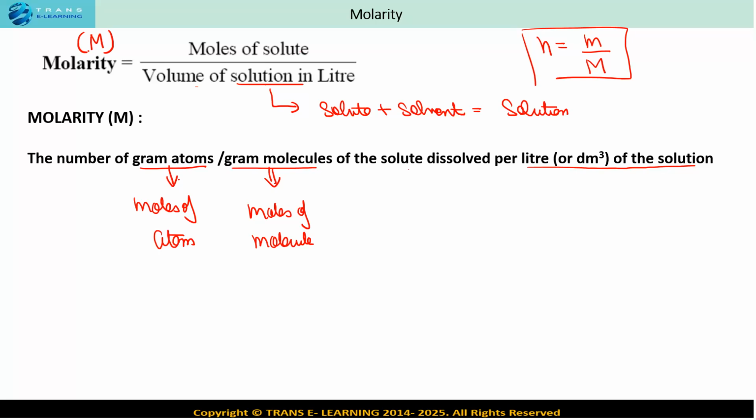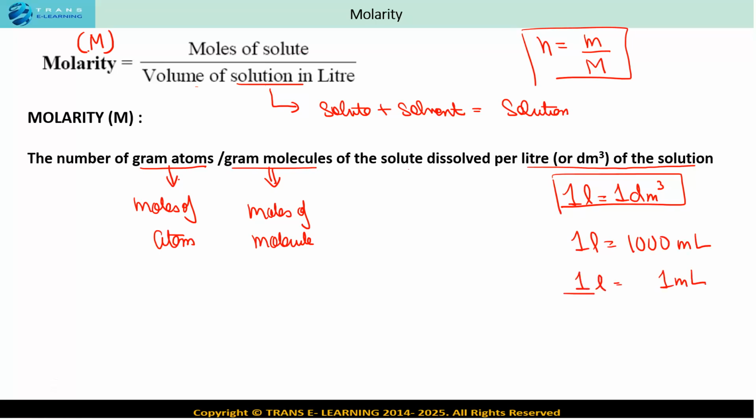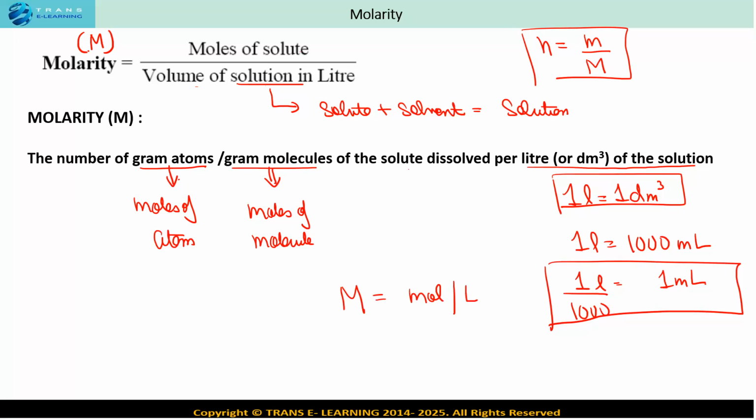Remember that 1 liter is equal to 1 decimeter cube, and 1 liter is equal to 1000 ml. So if we have to convert milliliters into liters, we have to divide by 1000, and the unit of the molarity will be mole per liter.